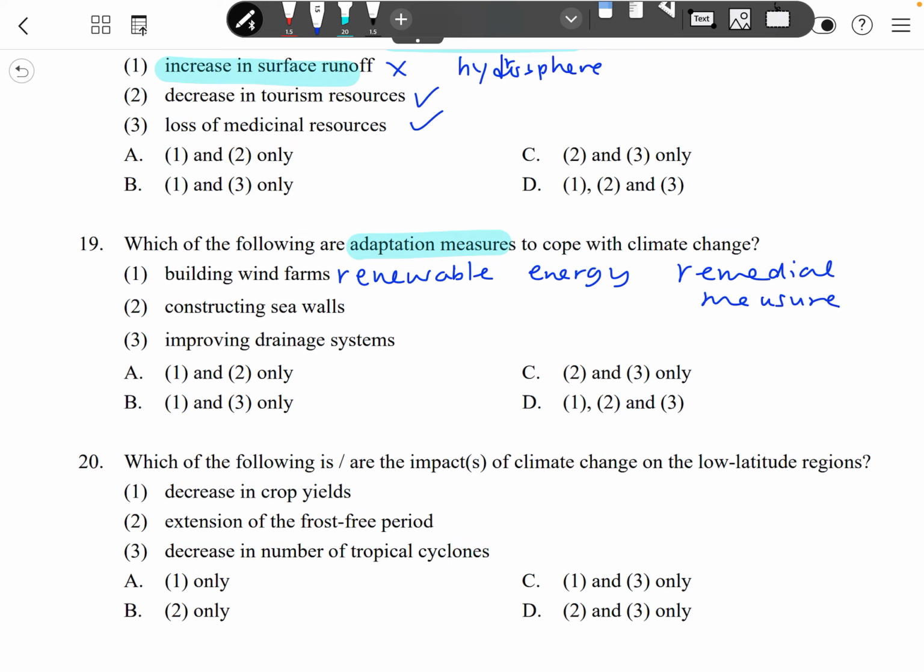Construct the seawall, yes, to lower the damage from flooding. Improving the drainage system, yes, also to tackle the problem of flooding. The answer should be C.